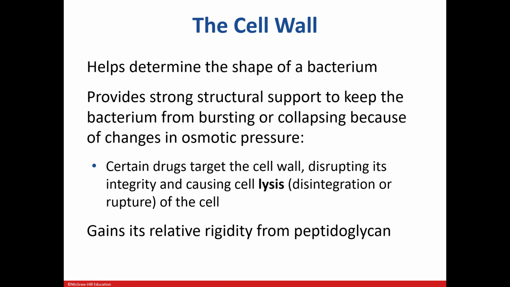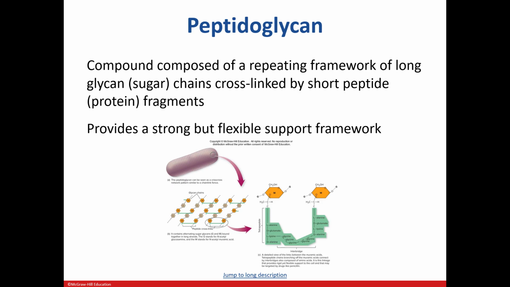The whole purpose of the cell wall is to determine shape and provide a support system for the bacterium. A lot of antibiotics target the cell wall, which causes the cell to lose its support and rupture. The major component of a bacterial cell wall is peptidoglycan, which is held together by peptide bonds.